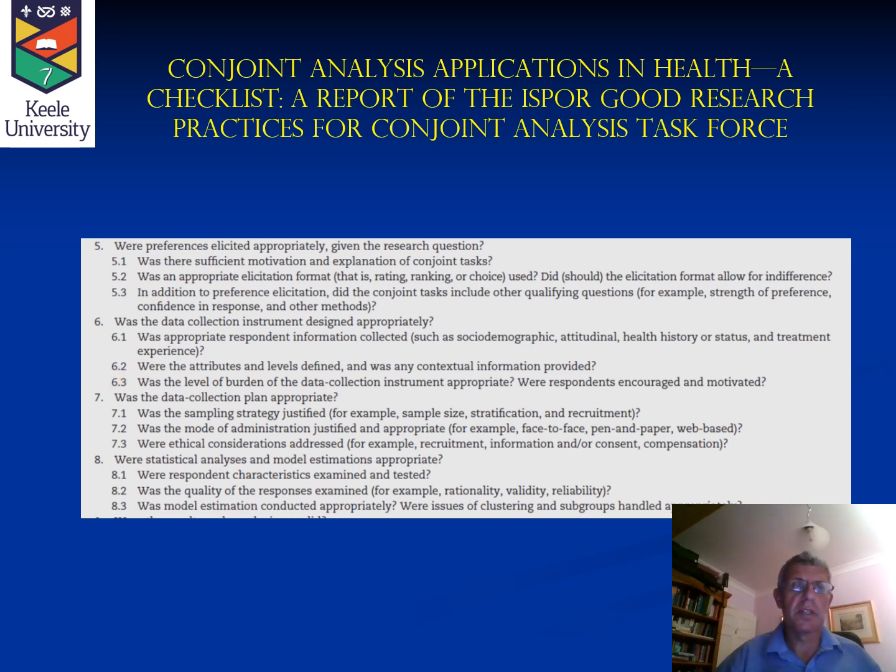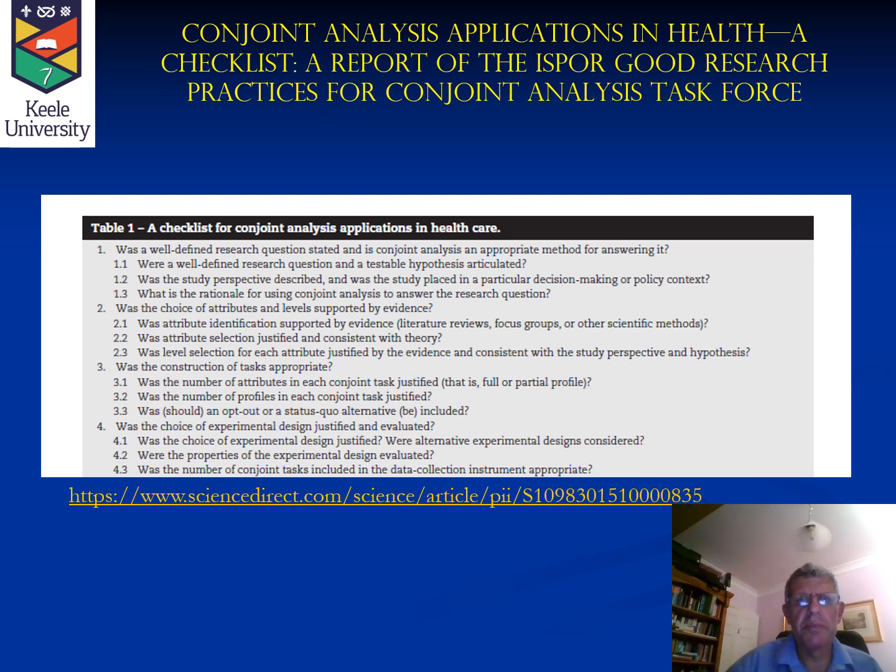these questions. A number of methodologies have been developed for looking at the quality of papers used in systematic reviews. And in the case of conjoint analysis, there is a specific methodology which consists of 10 questions with a series of sub-questions. This slide shows some of the questions. So for example, 1.1, were a well-defined research question and testable hypothesis articulated? 1.2, was the study perspective described, and was the study placed in a particular decision-making or policy context?